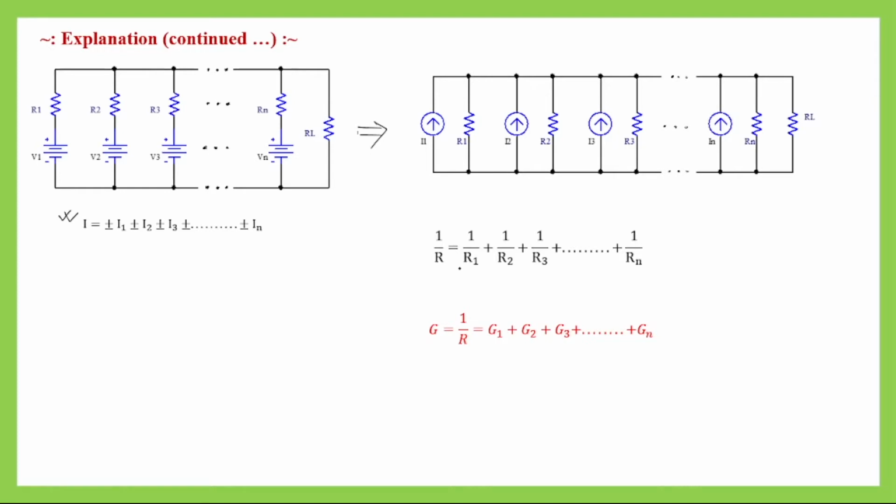Next, from this equivalent resistance we will find out the equivalent conductance of that DC network.